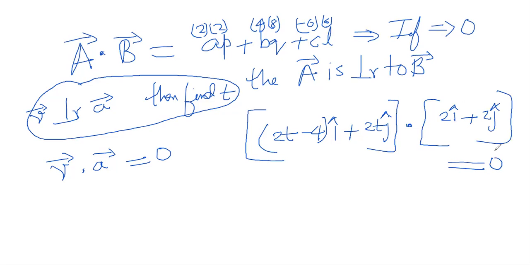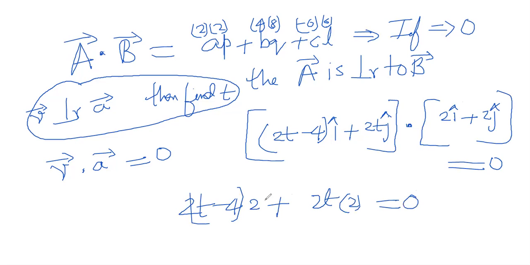They said in the question that it is 0. Now this will multiply with the first one, and this with the second one. (2t minus 4) into 2 plus 2t into 2 is equal to 0. Because only I I and J J will survive.